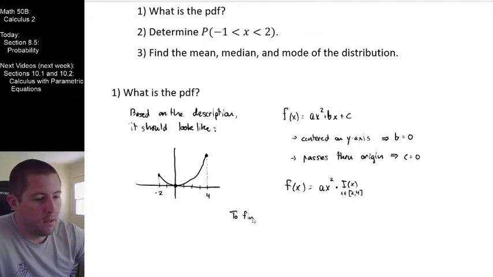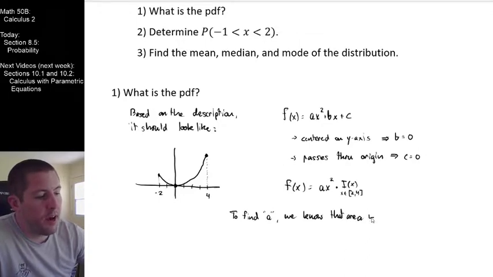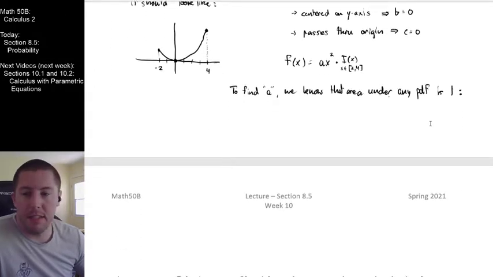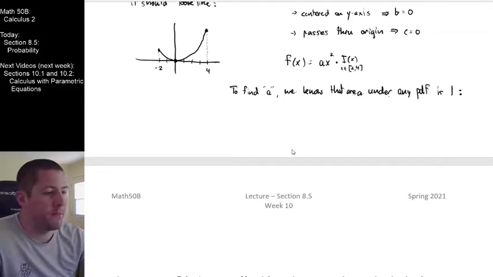Well, we know that the area under any probability distribution function curve is 1, representing all 100% of possible outcomes being accounted for. So I'm going to integrate this function and set it equal to 1, because that must be what we get over the bounds from -2 to 4.